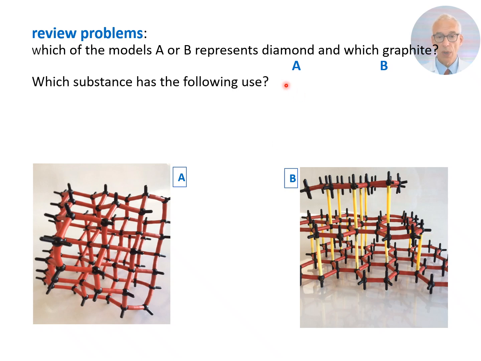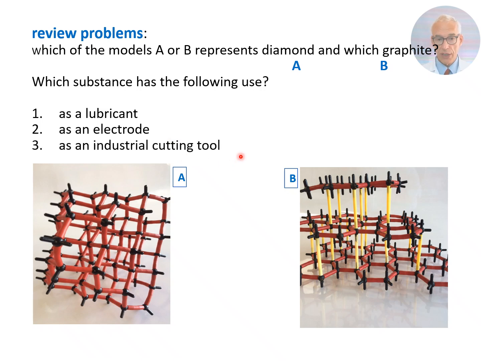Second question, which substance has the following use as a lubricant? Which of those, diamond or graphite, could be used as a lubricant? Which could be used as an electrode, perhaps in the school laboratory? Which of diamond and graphite, A and B, could be used as an industrial cutting tool? Think about it, choose diamond or graphite in each case, come back to check your answers when you are ready.